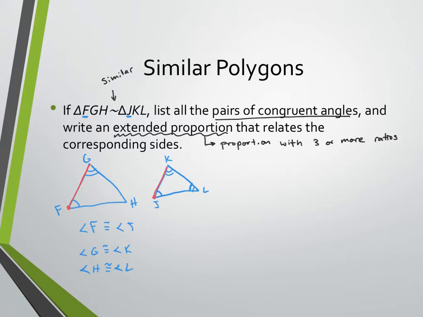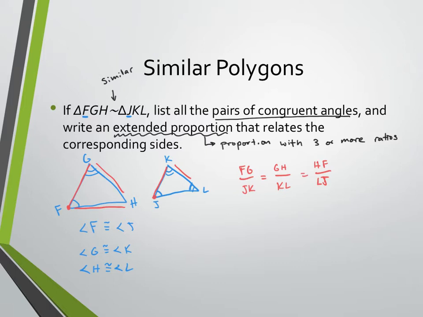So F to G, FG over JK is congruent to GH over KL. And then come home, HF over LJ. And here is the extended proportion that relates to all the corresponding sides.